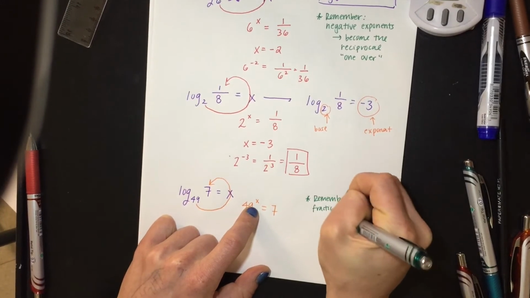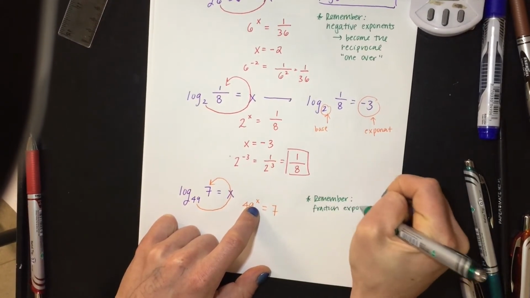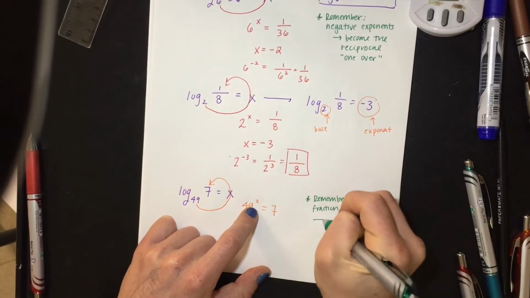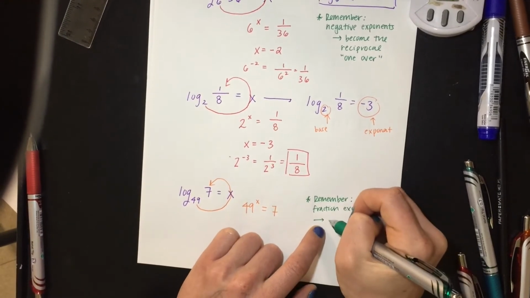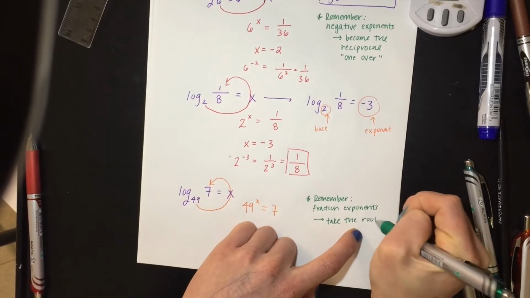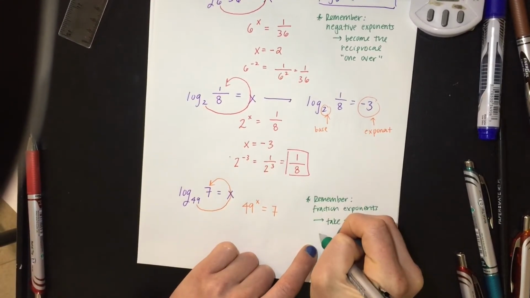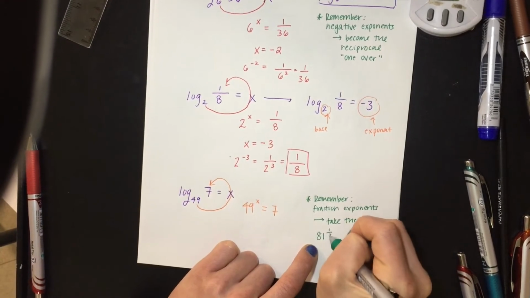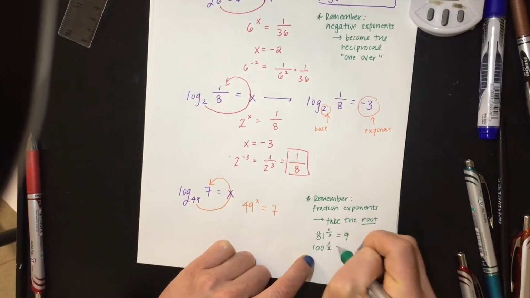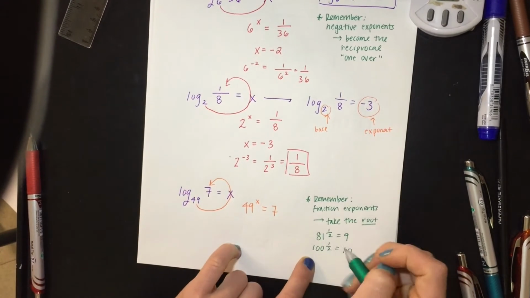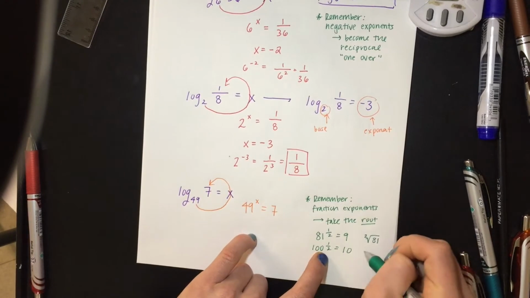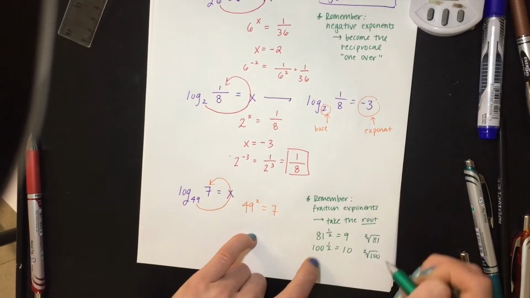Fraction exponents do what? Fraction exponents take the root. So for example, 81 to the 1/2 equals 9. 100 to the 1/2 equals 10. Remember, this becomes the square root of 81, the square root of 100.